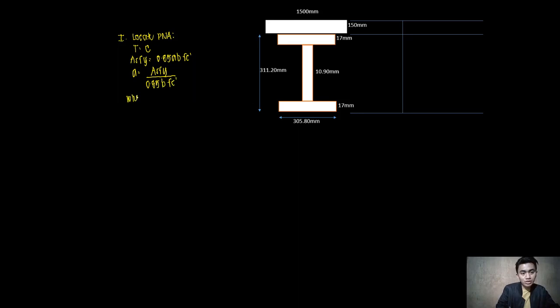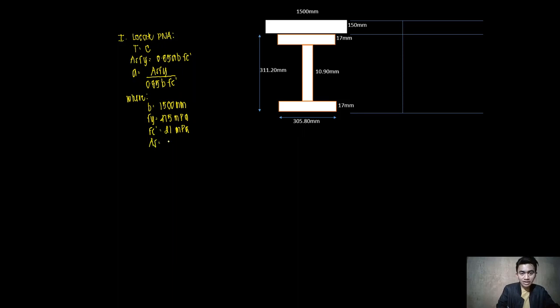So let us try to write all of the given, where I have here b, which is equal to 1,500 millimeters, Fy is equal to 415 megapascal, Fc prime is equal to 21 megapascal, and then we have As as what we have computed earlier.